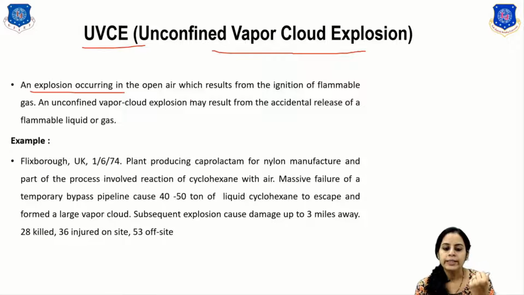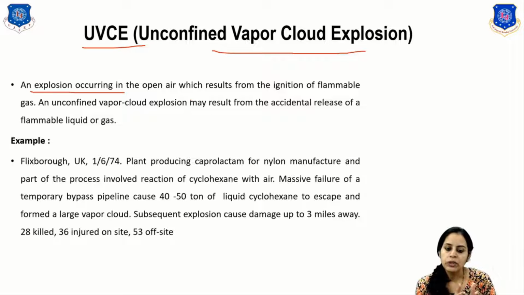An example of a UVCE is the Flixborough plant, producing caprolactam for nylon manufacturing, where part of the process involved the reaction of cyclohexane with air. The massive failure of a temporary bypass pipeline caused 40 to 50 tons of liquid cyclohexane to escape and form a large vapor cloud.